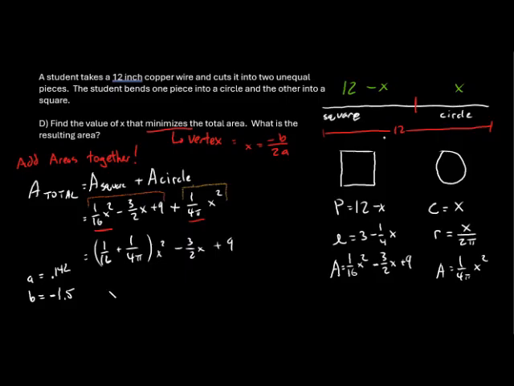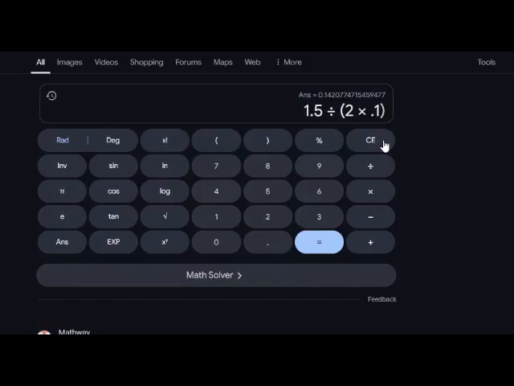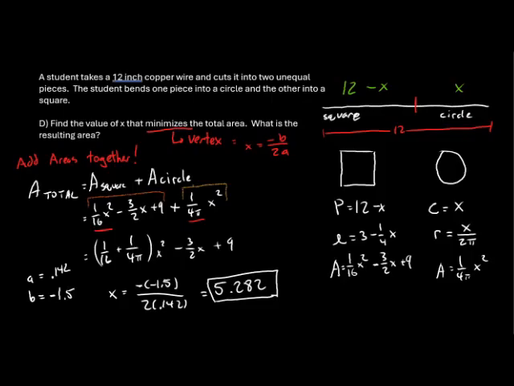Now, to get our x value, we say x is equal to negative of negative 1.5 divided by 2 times 0.142. Once again, we'll need to go back to the calculator. When we round this, we'll end up with 5.282. Remember that this is our x, and the x represents how long our circle should be in circumference.